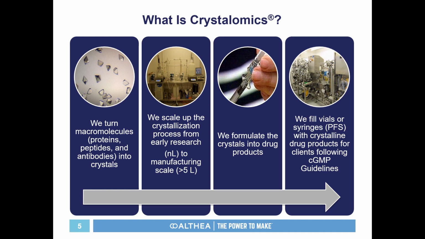We can formulate these crystallized drug substances into drug products, and we have the technology to fill vials or prefilled syringes with the crystalline drug product suspensions following GMP guidelines.